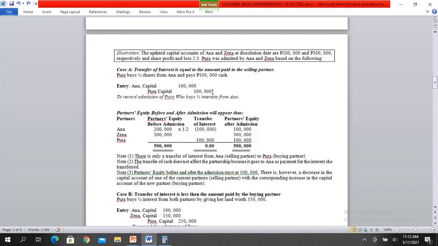If the transfer of interest is equal to the amount paid to the selling partner. So, parehas lang yung amount ng transfer ni selling partner or yung transfer ni Ana dun sa binayaran ni Pura. So, 100,000 yung transfer ni Ana, 100,000 cash din yung binayaran ni Pura sa kanya.